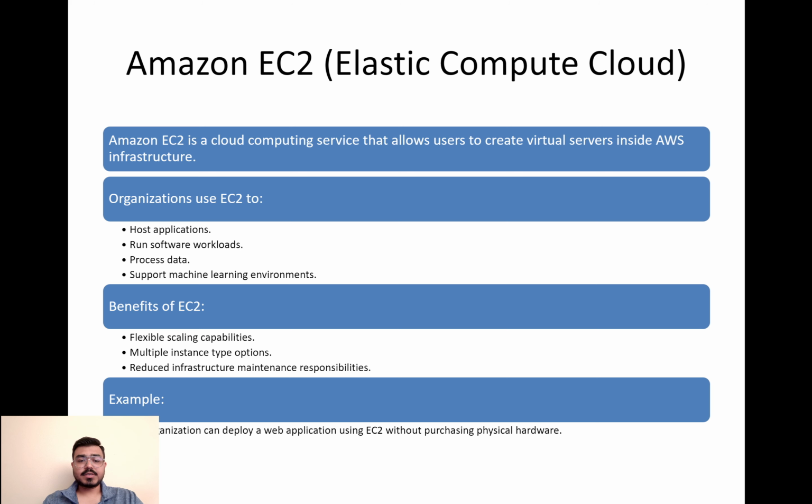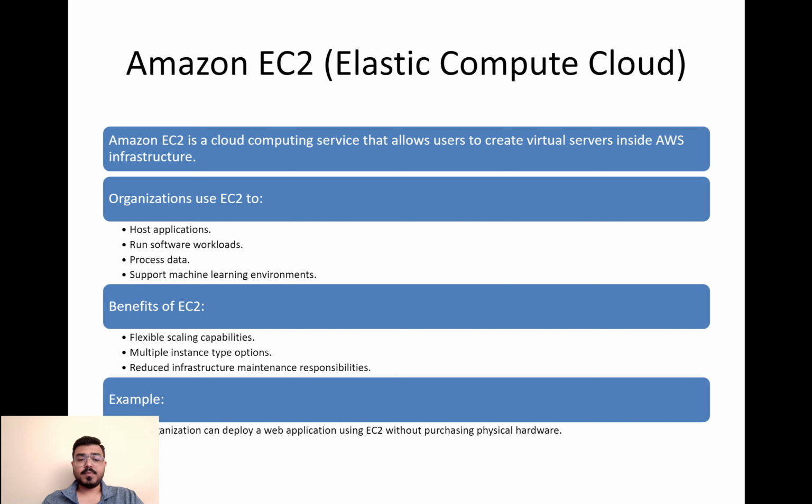Now let's discuss Amazon EC2, which stands for Elastic Compute Cloud. Amazon EC2 is a cloud computing service provided by AWS that allows users to create virtual servers inside AWS infrastructure. Instead of purchasing physical hardware, organizations can use EC2 to access computing resources directly from the cloud.